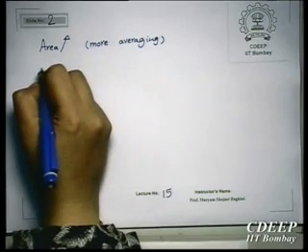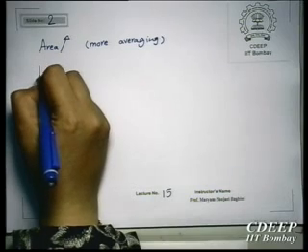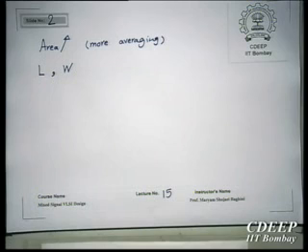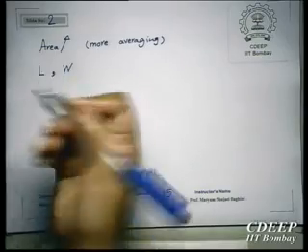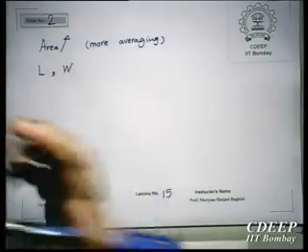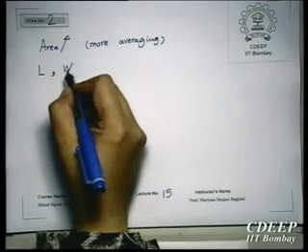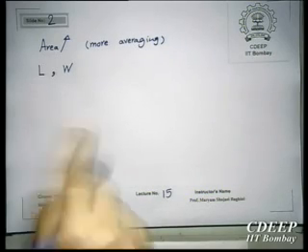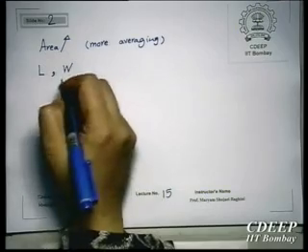Suppose I have a transistor with L and W. Suppose I keep one of them constant and I change the second one. If you keep L constant and change W, then it's very easy to prove it. I go with a more difficult case.